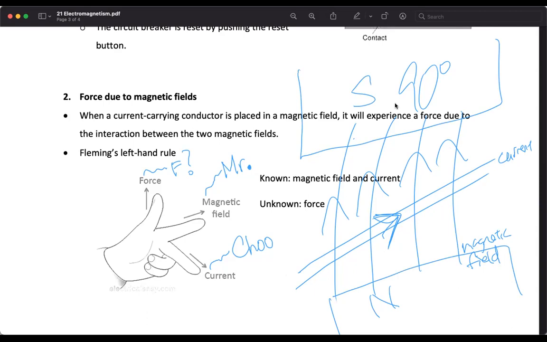So you take out your left hand rule. Your C is moving from left to right. Your M is moving from down to up. Then you realize that your left thumb will be pointing towards you. So if you put a current between the magnet like this, the wire will actually move towards you. Is that clear?